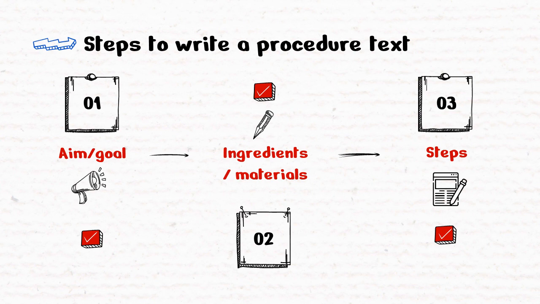We also need a spoon and warm water. And the last, as we also come to the end, namely writing steps or methods. This section contains what steps are taken to achieve the goal of the procedure text.